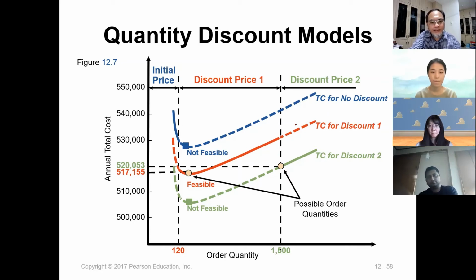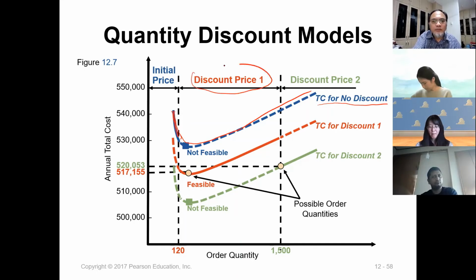So what happens is, this is the total cost for no discount. If you have no discount, this is how the total cost curve behaves. And this is the feasible range.